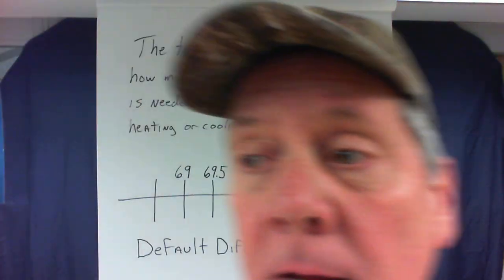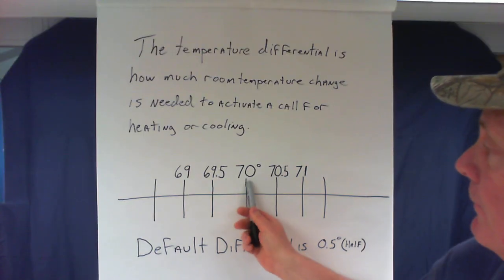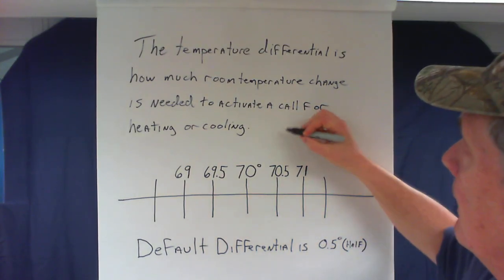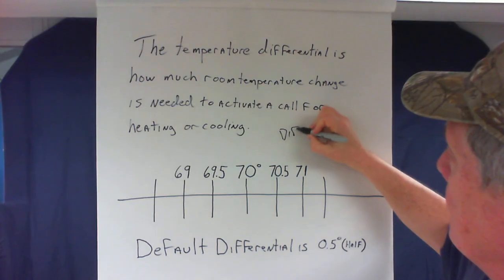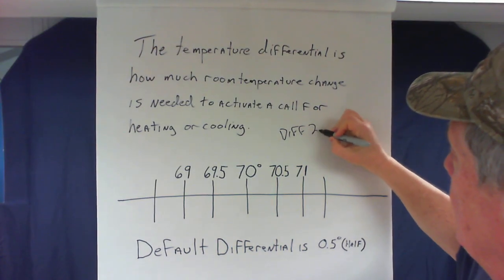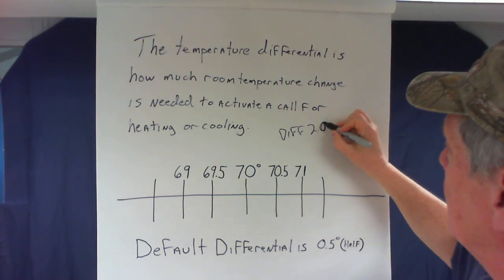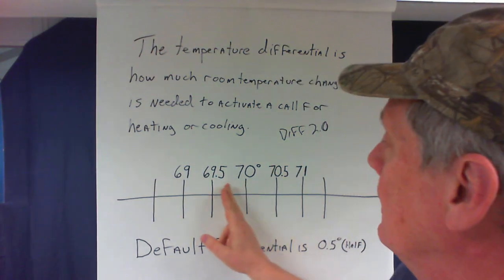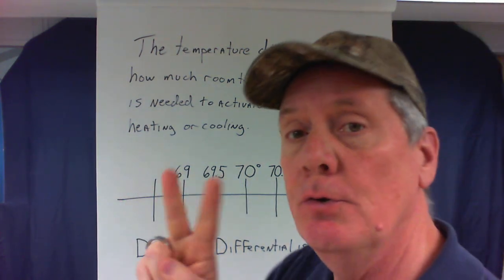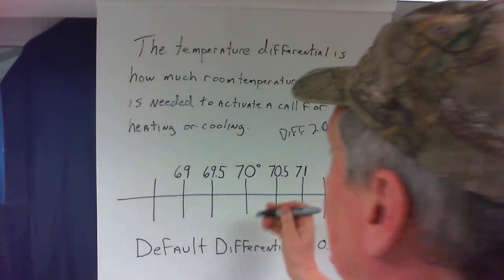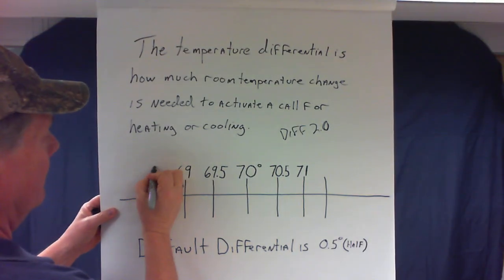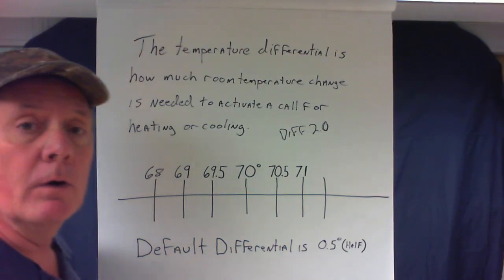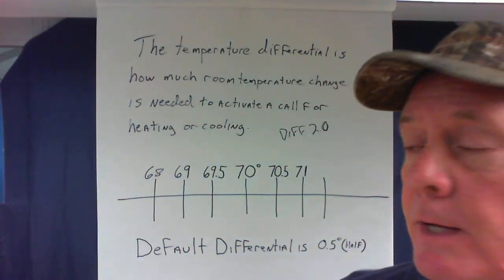We're going to go with the same temperature set point of 70 degrees. But now we've changed our differential to 2.0, 2 degrees. That means our room temperature needs to drop 2 degrees. So it would have to go all the way down to 68 before it would engage a call for heat.